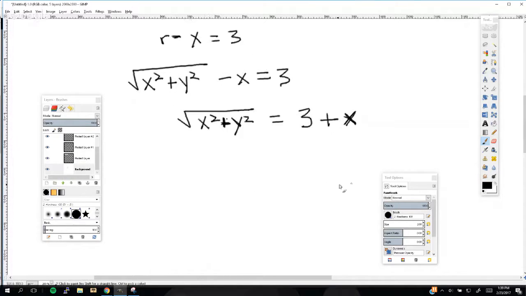Kind of a mess. Then if you were to square, x squared plus y squared would become 9 plus x squared.